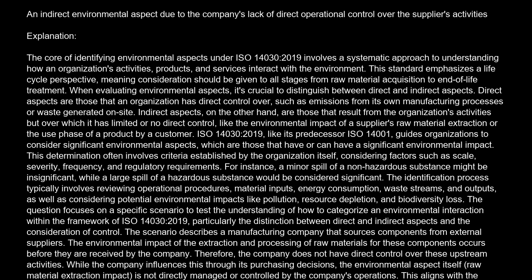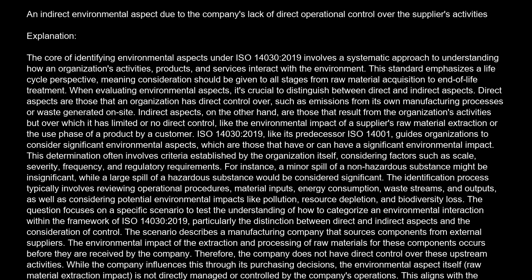The question focuses on a specific scenario to test the understanding of how to categorize an environmental interaction within the framework of ISO 14030, 2019, particularly the distinction between direct and indirect aspects and the consideration of control. The scenario describes a manufacturing company that sources components from external suppliers.